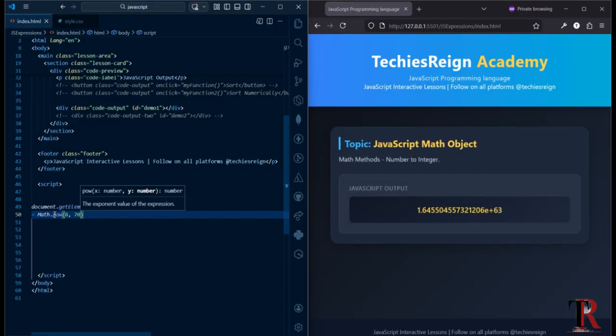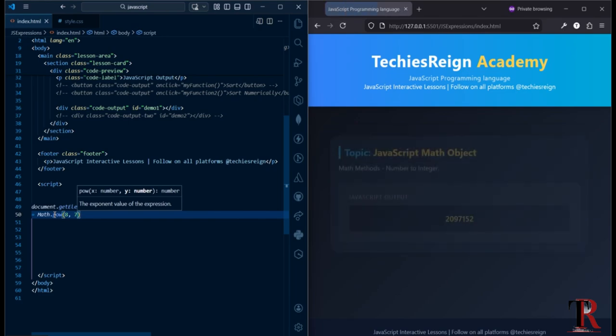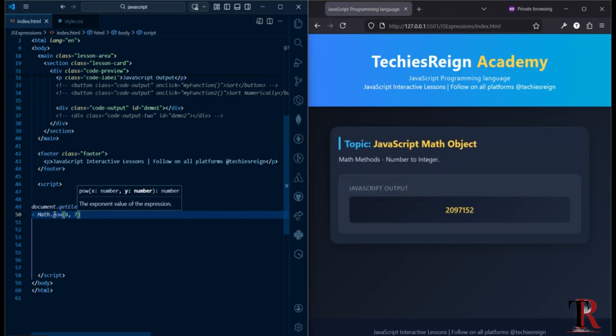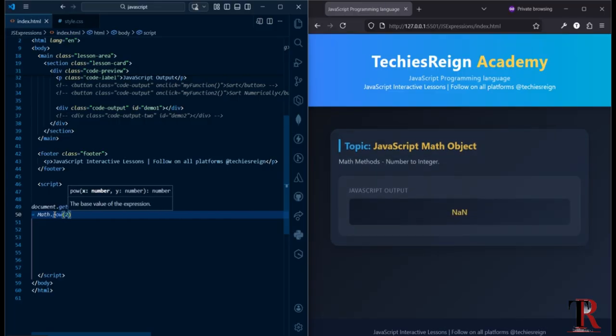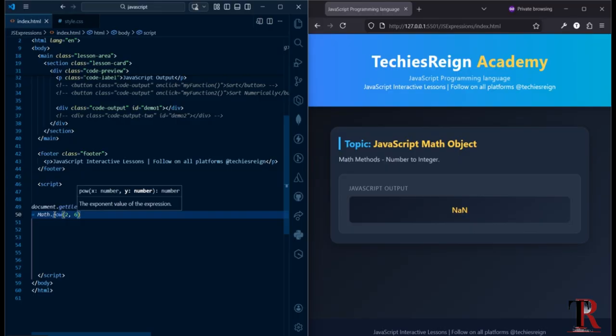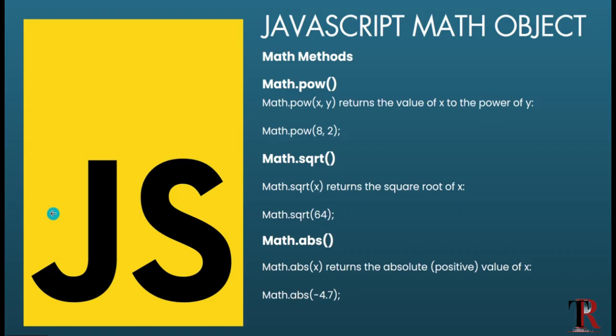You can see it's almost infinite, which is why it shows Infinity. So if you take the first argument and raise it to the power of the second argument, this is 2 times 2 in 6 places, and that is the output. This is how the math.power method works with the JavaScript Math object.